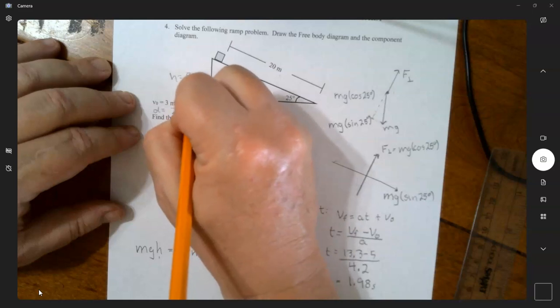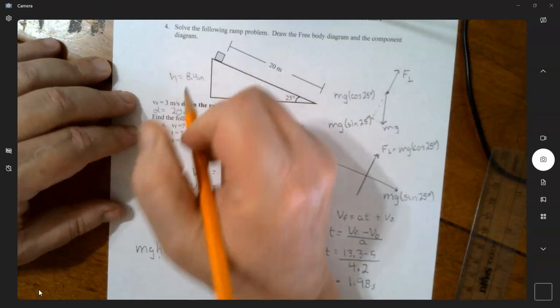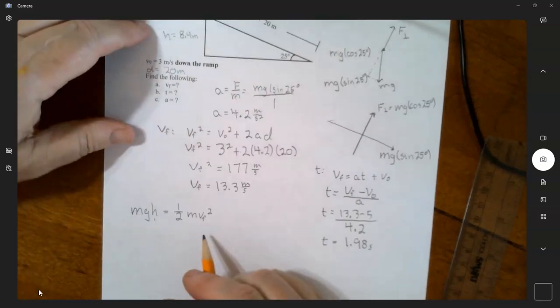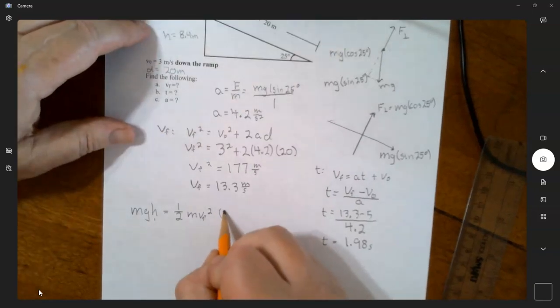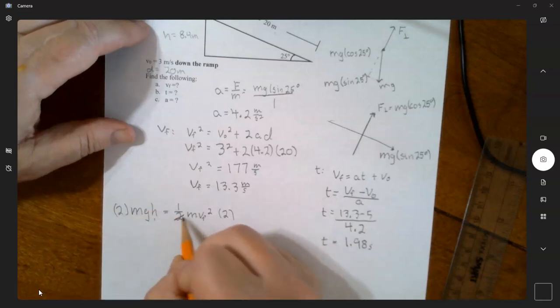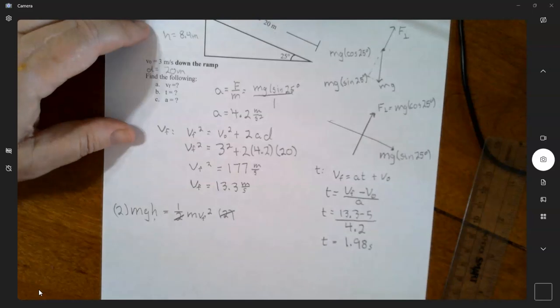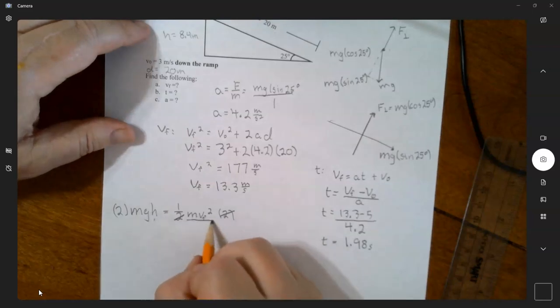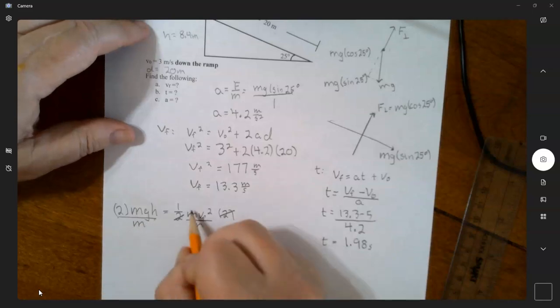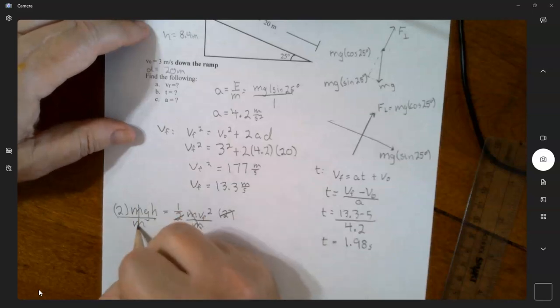So let's just take it here as 8.4 meters. So now we're going to solve for Vf. Multiply both sides by 2. That cancels there. Divide both sides by m. Those two cancel, and so do those two.